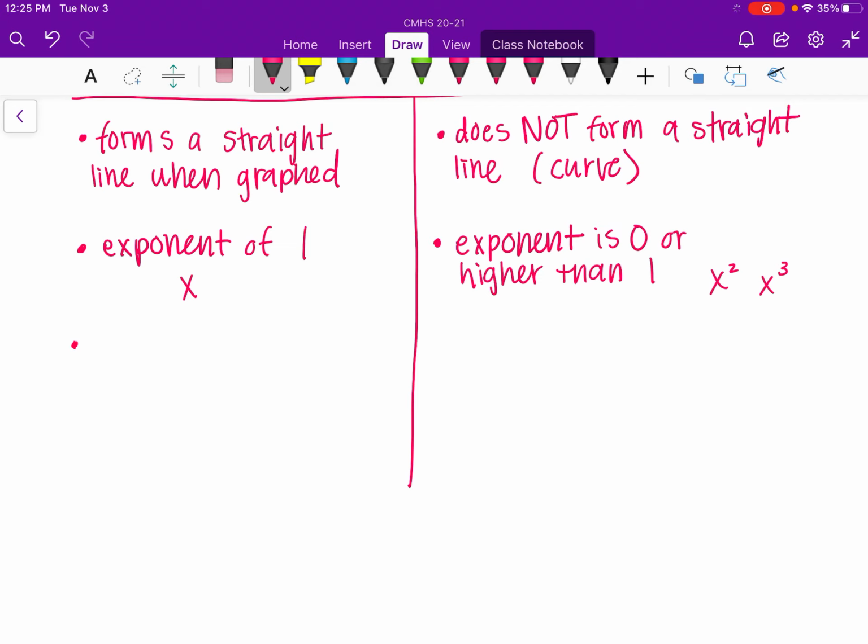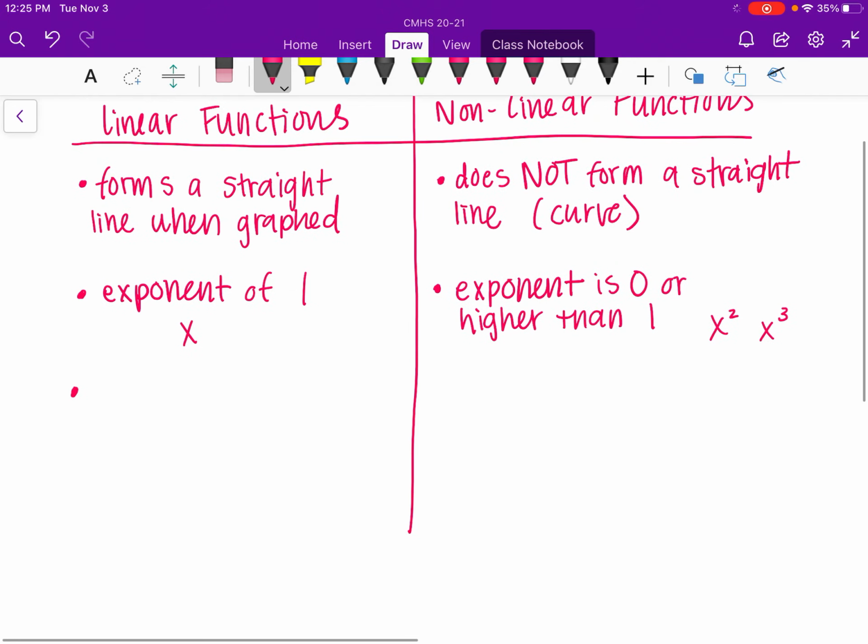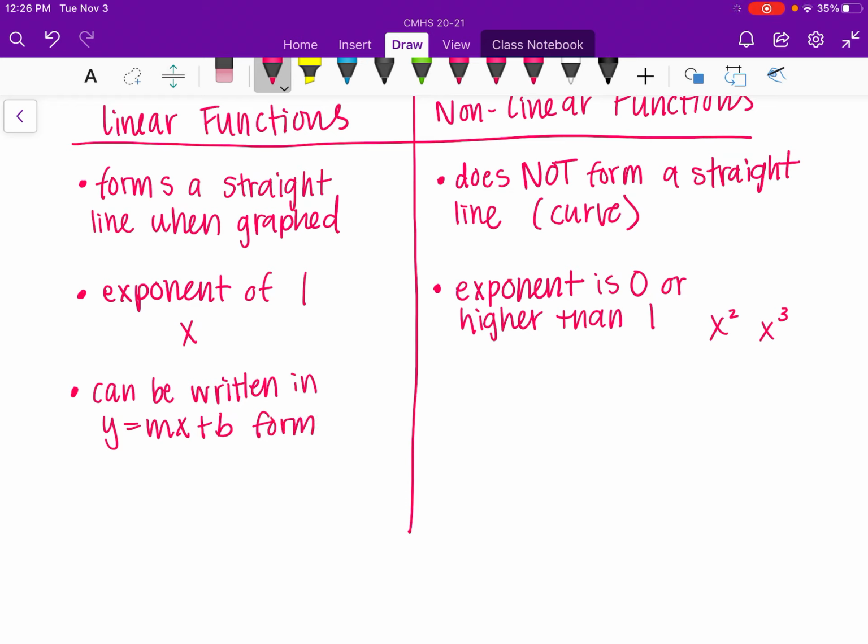The next point is that linear functions can be written in y equals mx plus b form. So they may not be presented that way, but they can be changed around to look like that.